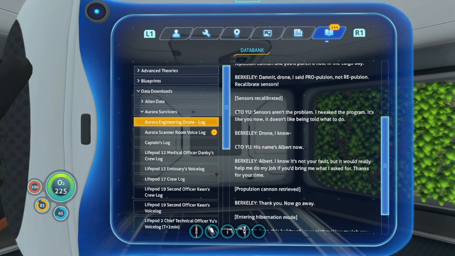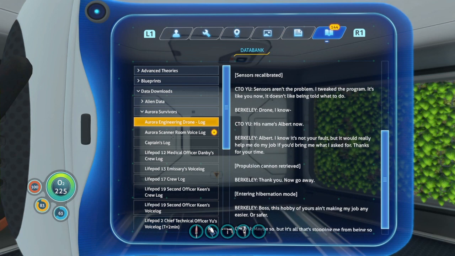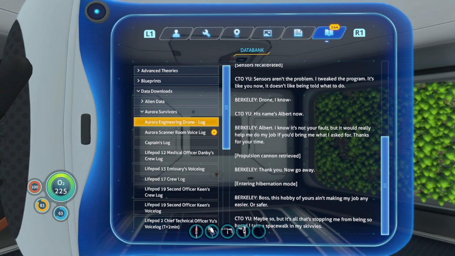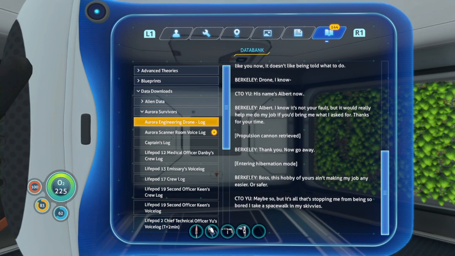Drone, I know... His name's Albert now. Albert, I know it's not your fault, but it would really help me do my job if you'd bring me what I asked for. Thanks for your time. Propulsion cannon retrieved. Thank you. Now go away. Entering hibernation mode. Boss, this hobby of yours isn't making my job any easier. Or safer. Maybe so, but it's all that's stopping me from being so bored I take a spacewalk in my skivvies.